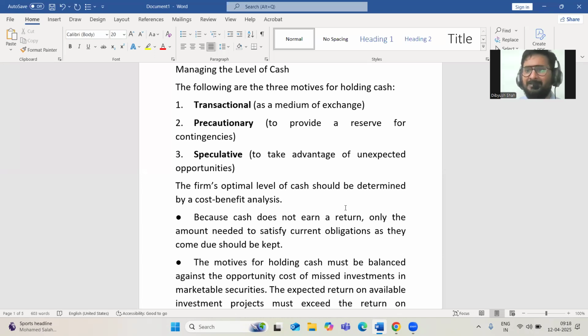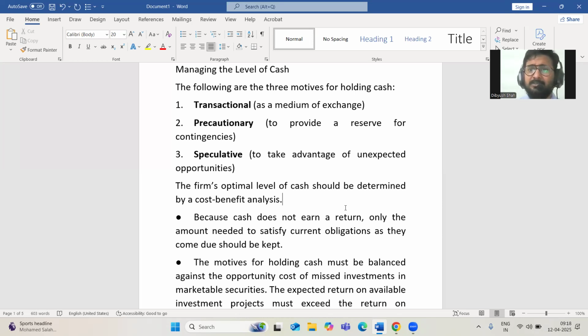It includes managing cash, accounts receivable, inventory, marketable securities. It also includes managing accounts payable. So different companies opt for different strategies in managing working capital.